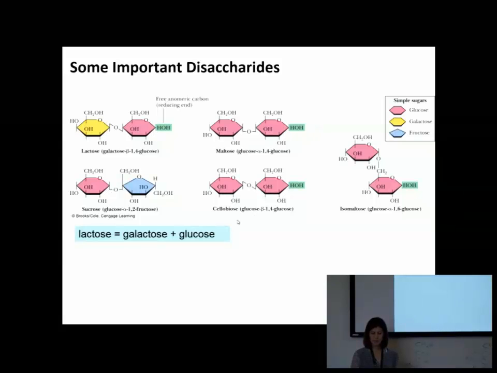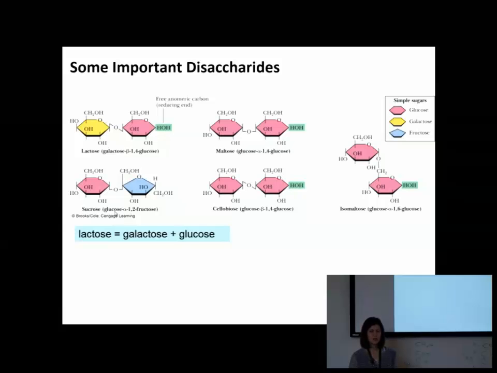All right, sucrose is glucose and fructose and an alpha 1,2. Now, what I want to point out to you guys is that I can show you these sugars and you can tell me what kind of sugar it is. Or if I ask you, sucrose, what are the sugars involved and what bond makes them up? I think that's fair, if I say sucrose and not show you the structures.